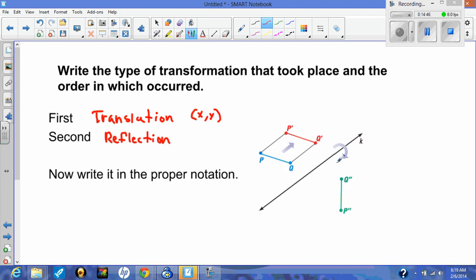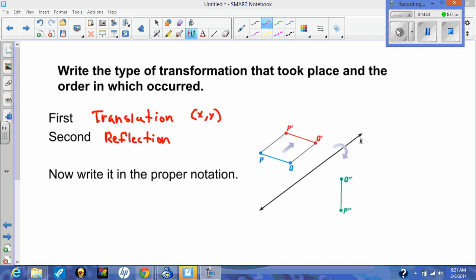Okay, so that is a reflection. Okay, sorry, we had a little technical difficulty, so the video had to skip. We were talking about the reflection. So you can see this has been reflected over the line. Don't confuse it with a rotation.